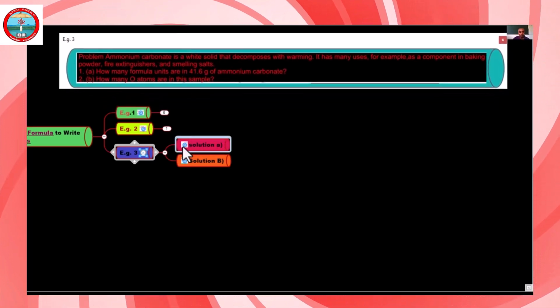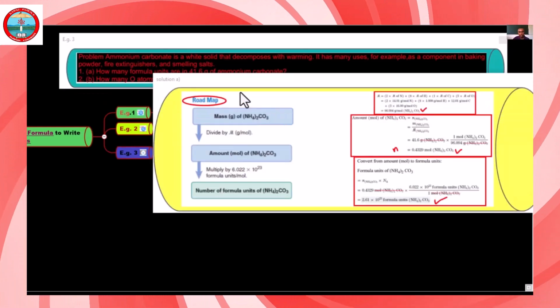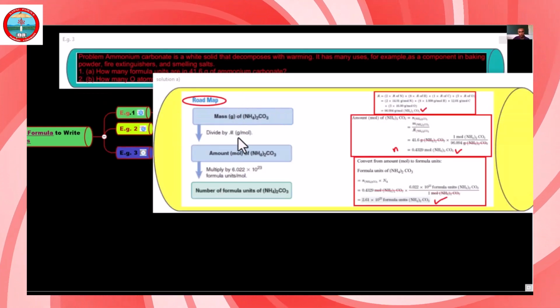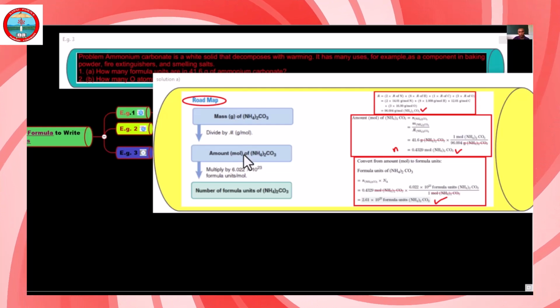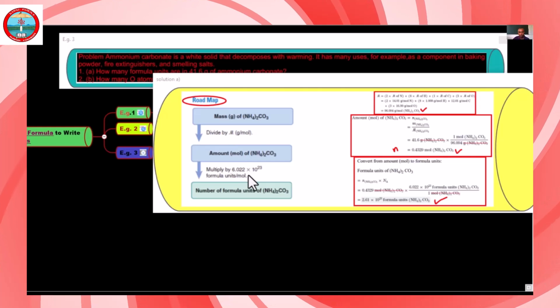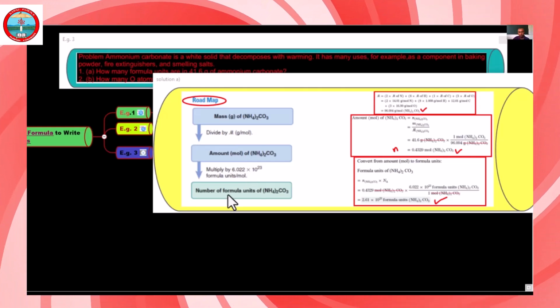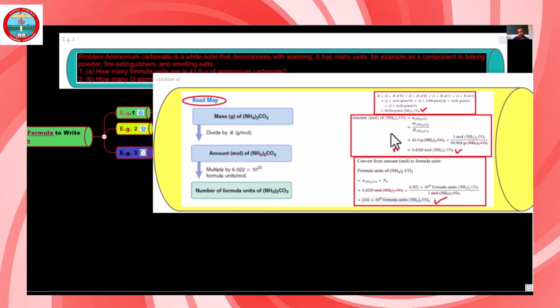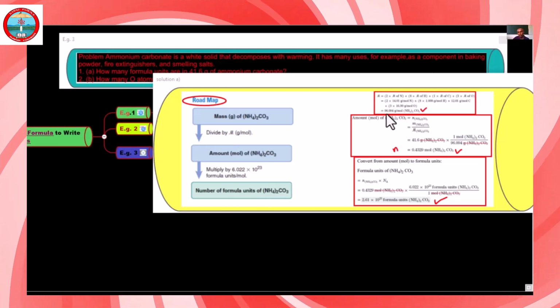And the solution for A is, first change the given mass into the number of moles, and then multiply by the Avogadro number. Finally we will have the number of formula units of ammonium carbonate, and the molecular mass of the ammonium carbonate is 96.